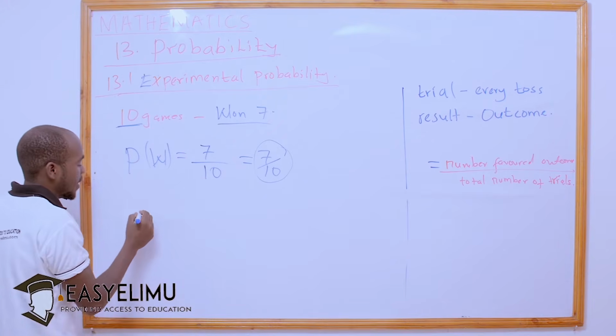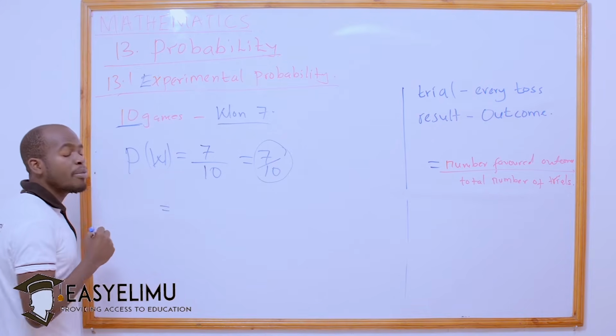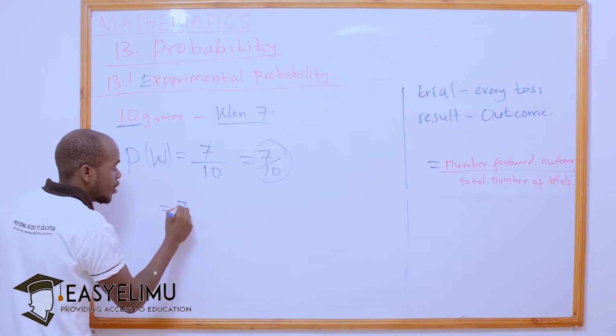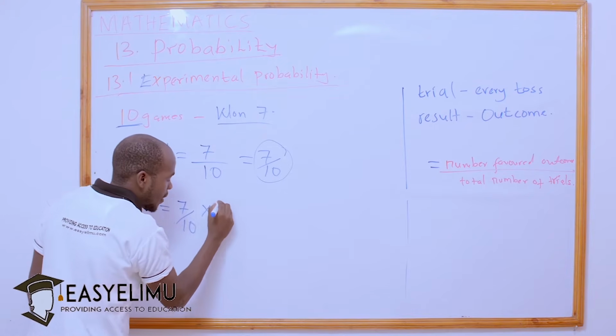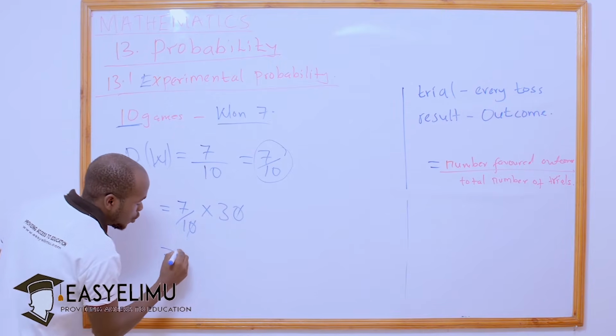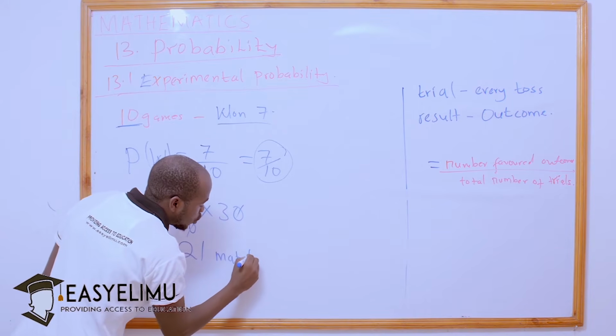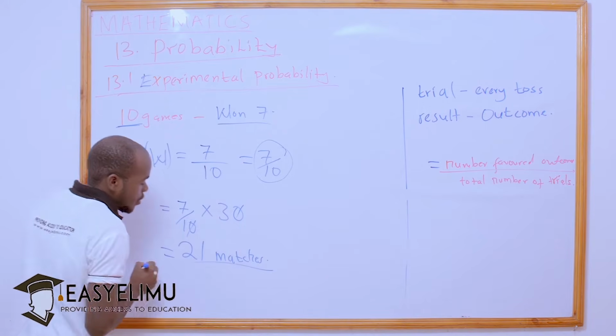In 30 matches it is capable of winning 7 over 10 multiplied by 30 matches, and this gives you 21 matches. So it will win 21 games.